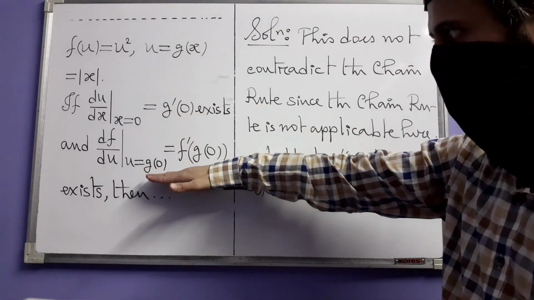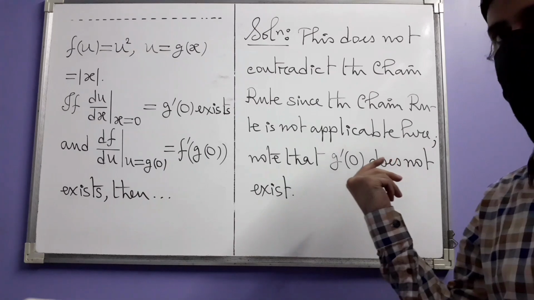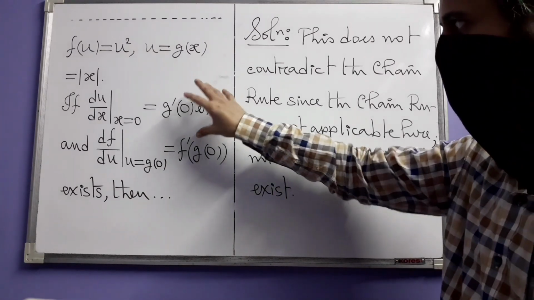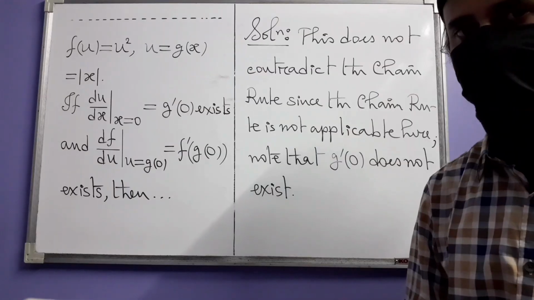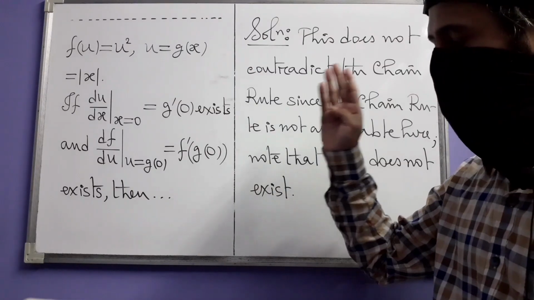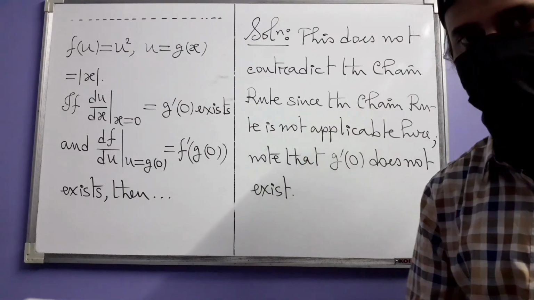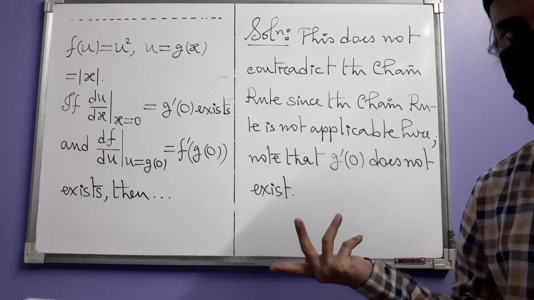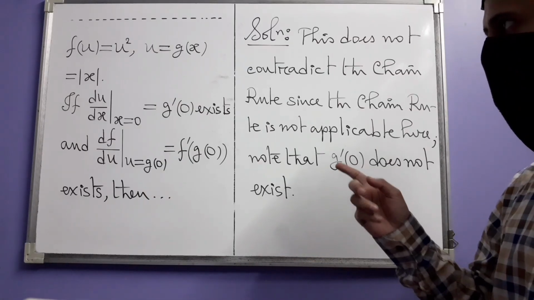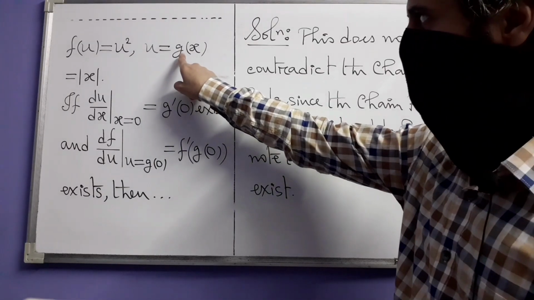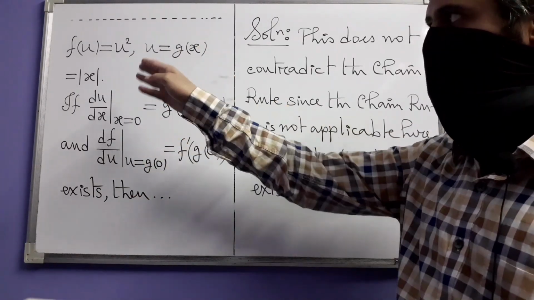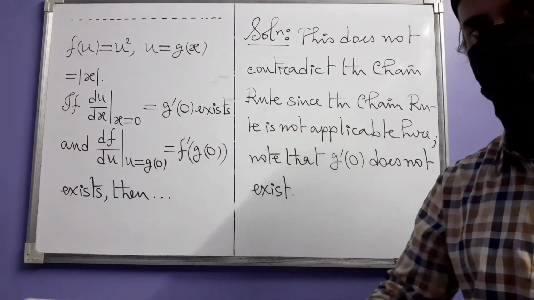If these things are true, then that other thing is true. But the thing stops at the if itself. So that is why the chain rule is not even applicable here. So obviously it hasn't been contradicted. And you can see the other composite function also, treating g as a function of u and f as a function of x. So I leave that to you.